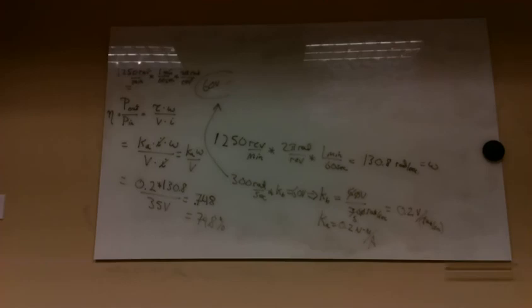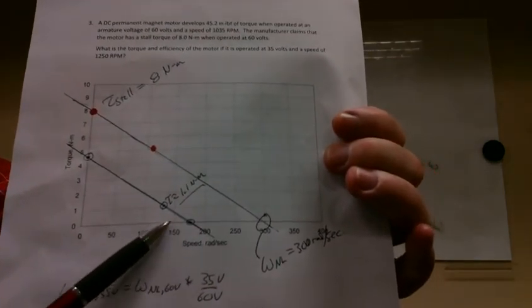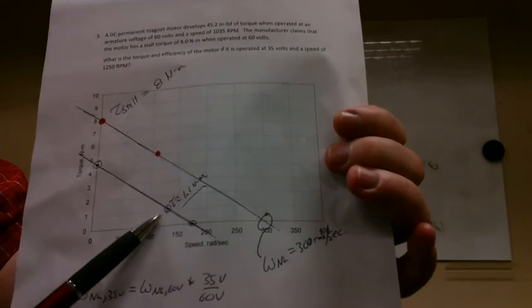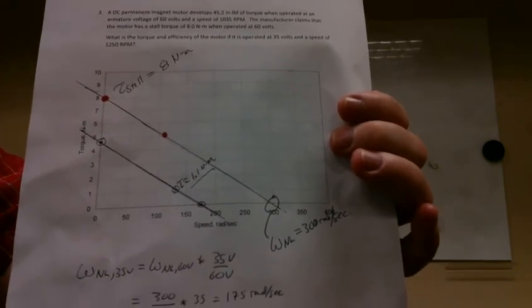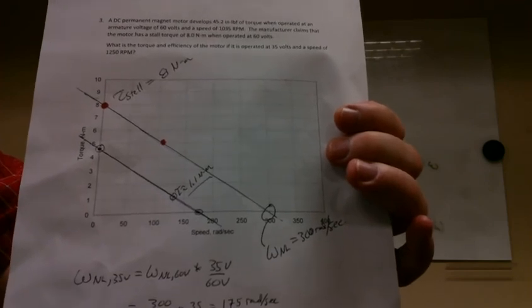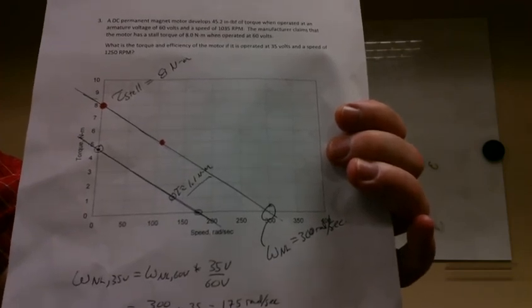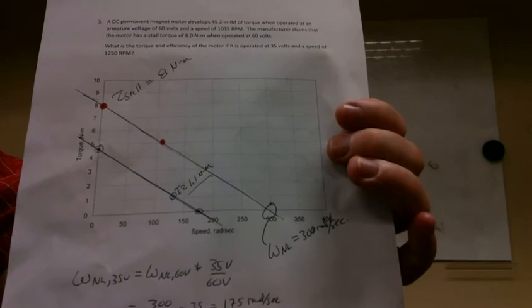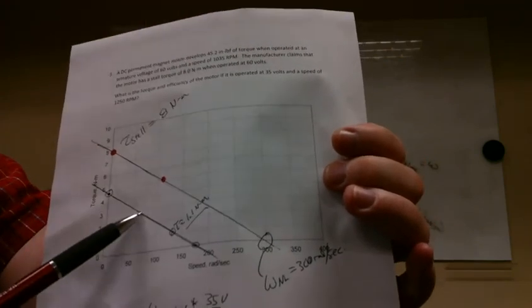What I'm trying to show is this data point right there, about 1.1 newton meters. What I'm doing is saying, hey look, you asked me for 1250 RPM, well that's 130.8 radians per second. Come up and intersect that line, tell me what kind of torque I get. This is the speed right here, and this is the torque coming across. And it looks to me about 1.1 newton meters.